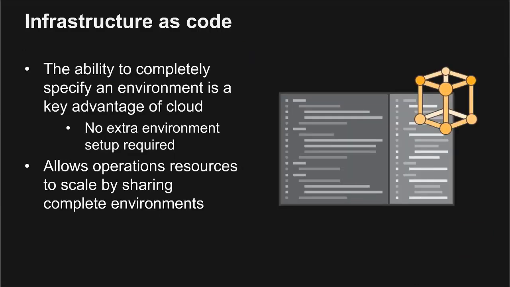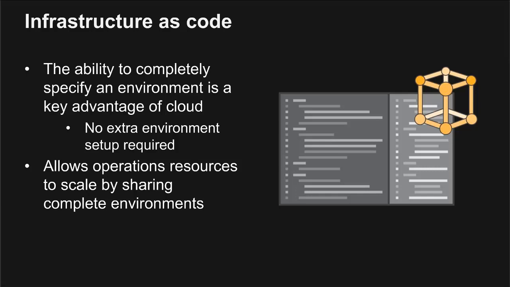So let's also talk about infrastructure as code. We talked about CloudFormation, which allows you to do infrastructure as code. But infrastructure as code is really the ability to specify an environment without having to do any manual steps.